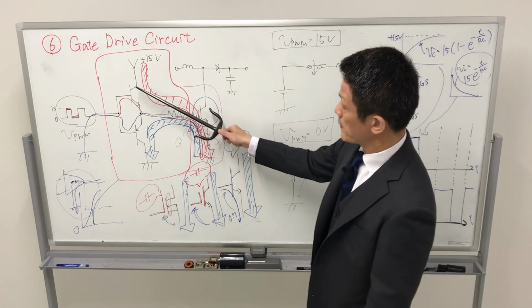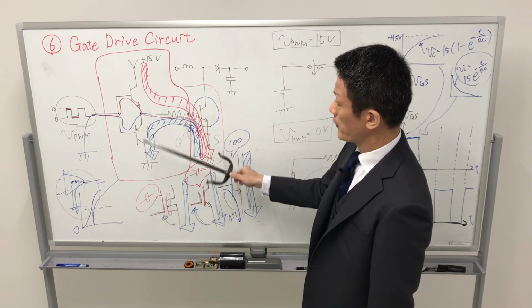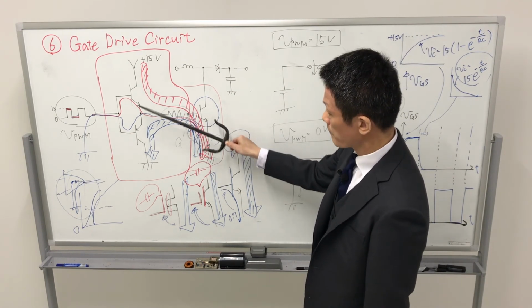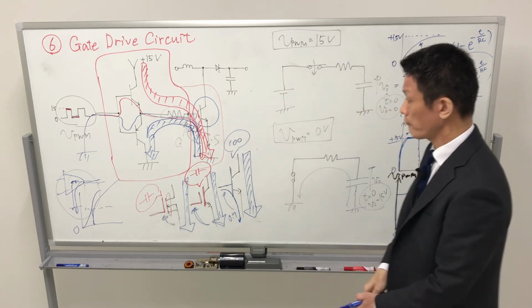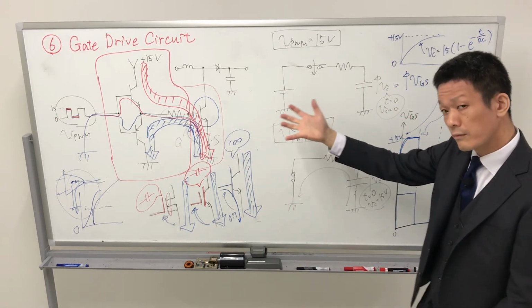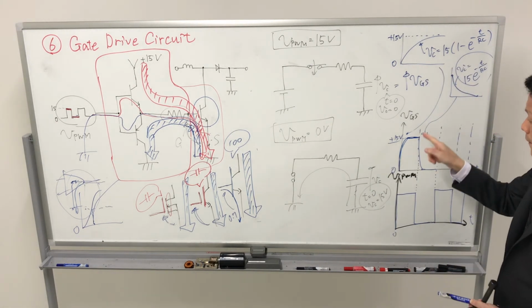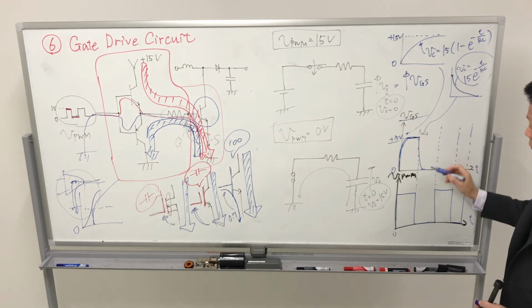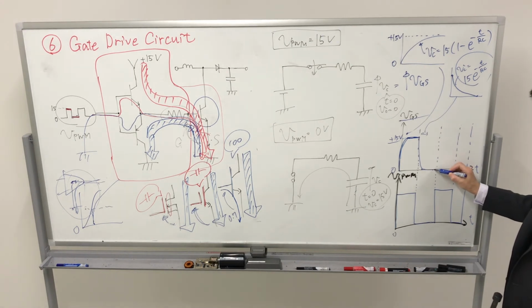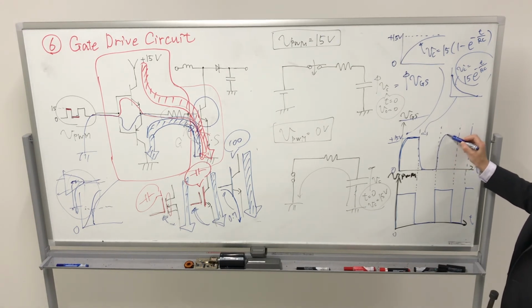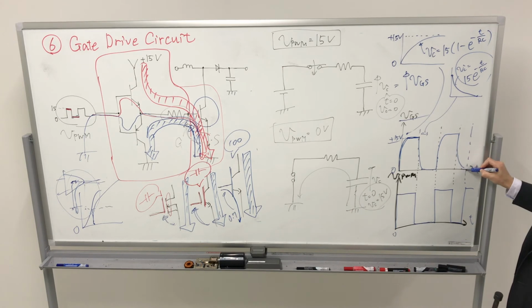This gate driver circuit turns on and turns off, and VGS is operated for the turn on, turn off, turn on.